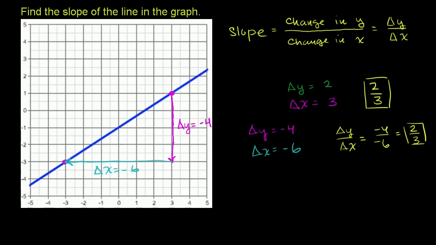If I viewed this as my starting point, I could say that I went up 4. So my change in y would be 4, and then my change in x would be 6. And either way, once again, change in y over change in x is going to be 4 over 6, 2 over 3. So no matter which point you choose, as long as you think about it in a consistent way, you're going to get the same value for slope.